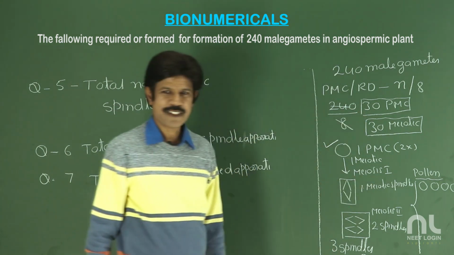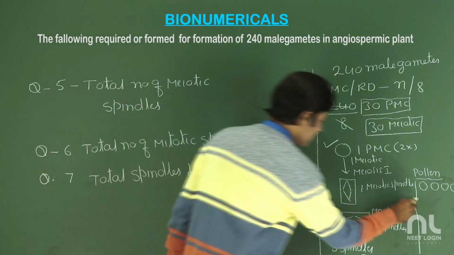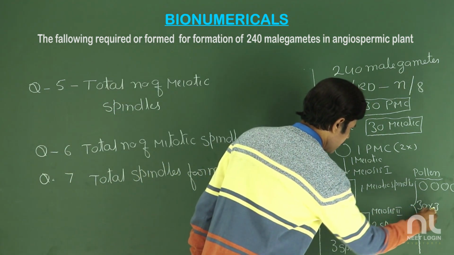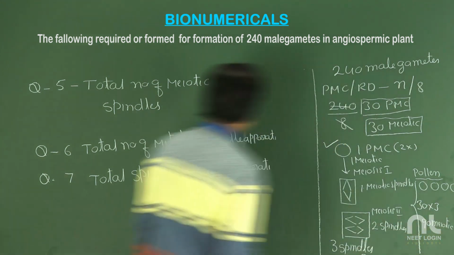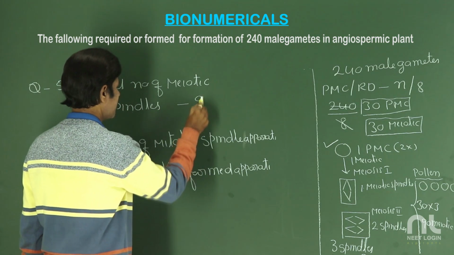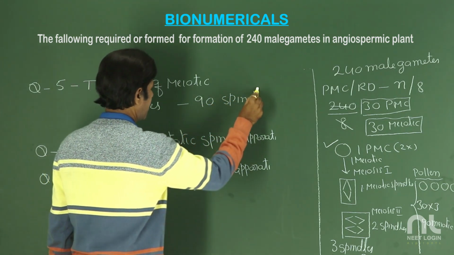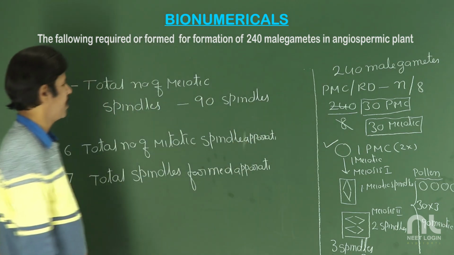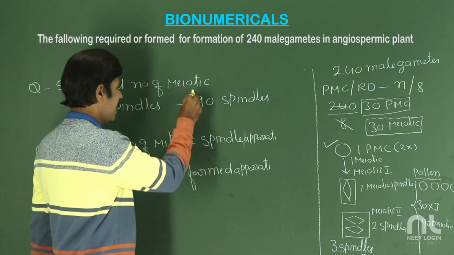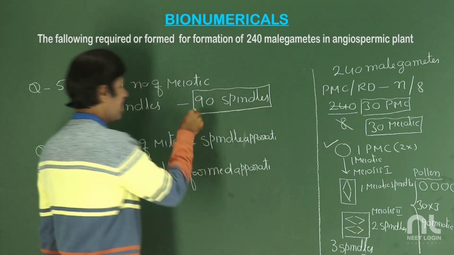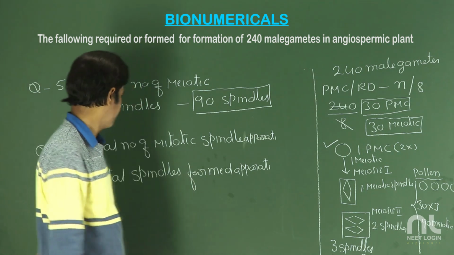For 30 pollen mother cells, 30 into 3 is 90 meiotic spindles.